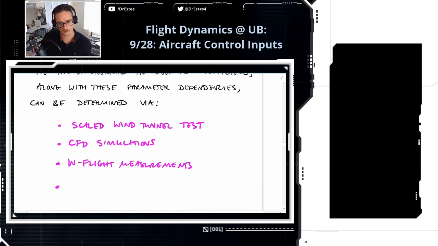We also have some databases that help us get these. So there's something called the U.S. Air Force DATCOM database. I was checking this out a little bit the other day.